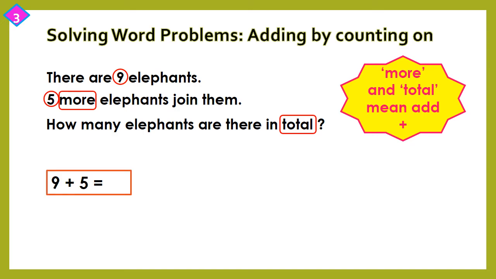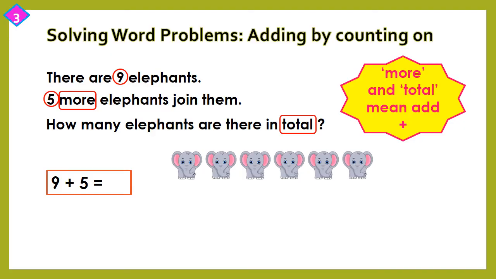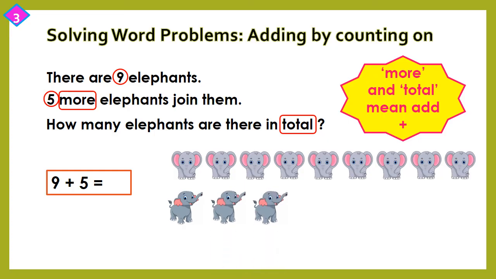Let's count 9 elephants together. 1, 2, 3, 4, 5, 6, 7, 8, 9. Now let's count another 5 elephants together. 1, 2, 3, 4, 5.